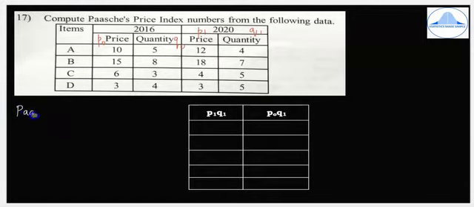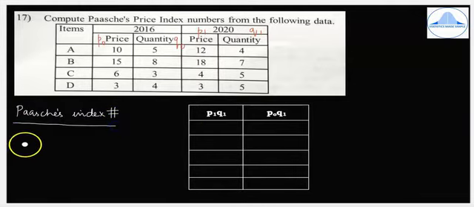Next, we have to write the formula for Paget's price index number. So how can you easily remember the formula for Paget's index number? Whether I write Paget's index number or Paget's price index number, it is one and the same. So the price index number is denoted by P01 because it is Paget's.